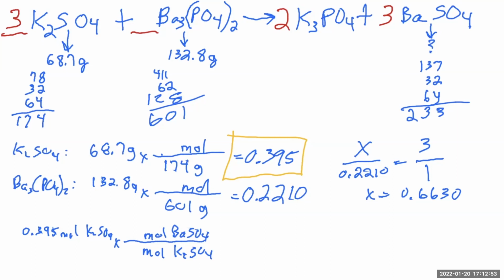It's 3 for the barium sulfate and 3 for the potassium sulfate. Those are the numbers on my chemical equation. So moles of barium sulfate have to go on the bottom.